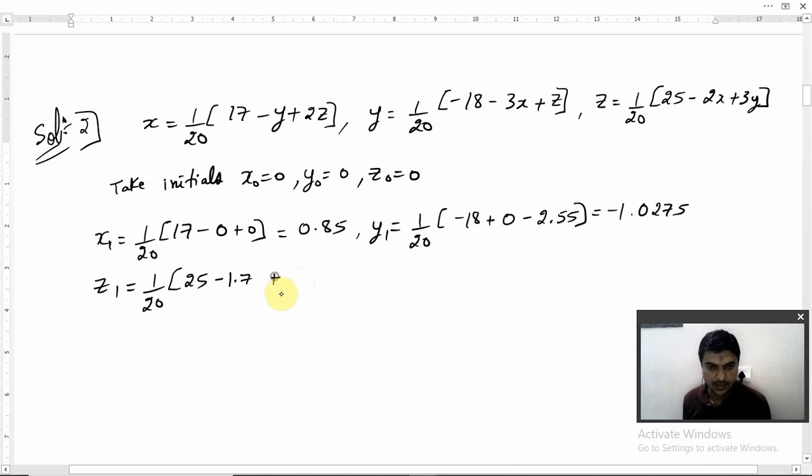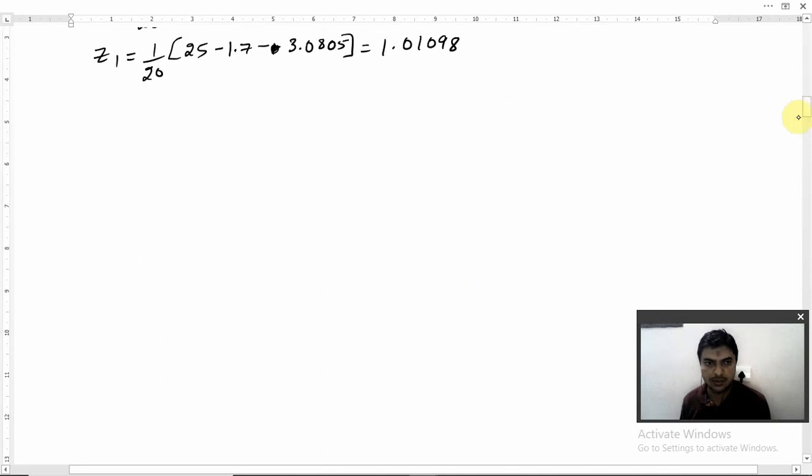Next will be plus 3 into minus 1.0275. Plus into minus will become minus, so I make it minus 3.0825. Substitute in the calculator, students, and all the values you are going to get as 1.01098. That's simple, you should get these values.